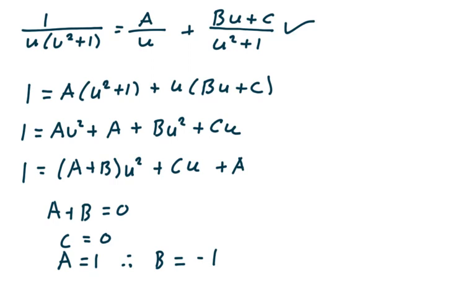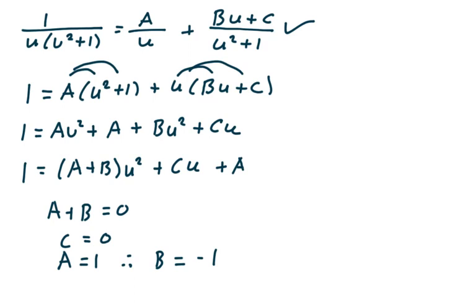And so 1 equals A times the quantity (u squared plus 1) plus (Bu plus C) times u. And so if you notice, I distribute the A inside and I distribute the u inside. And so 1 equals Au squared plus A plus Bu squared plus Cu.